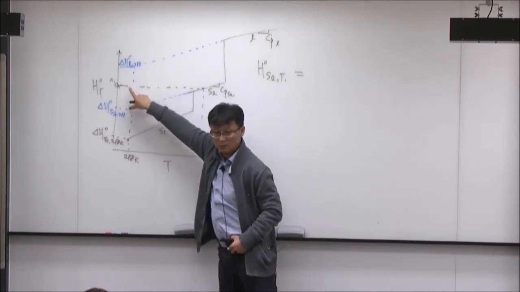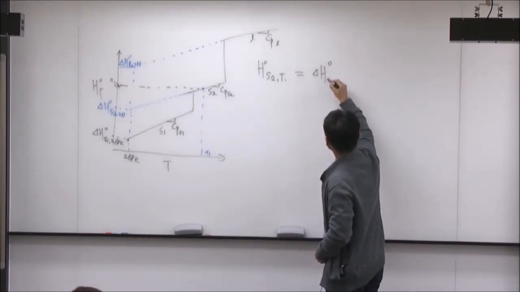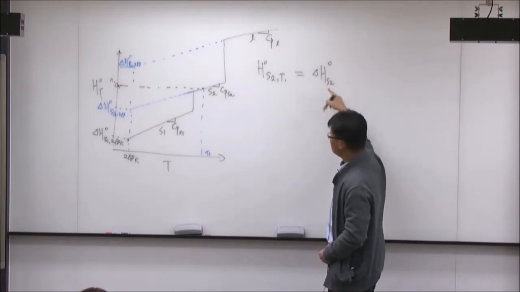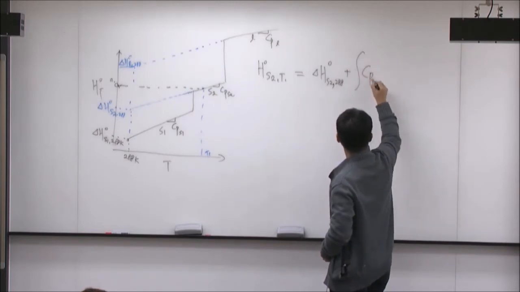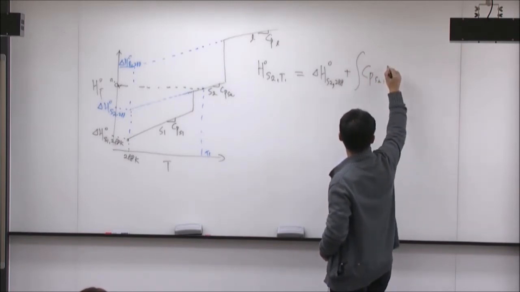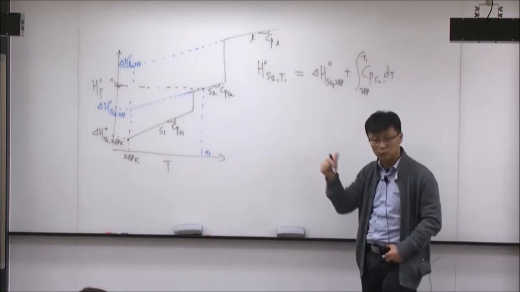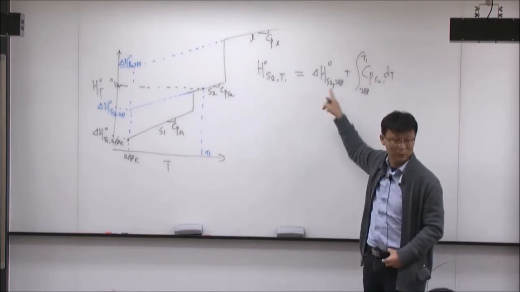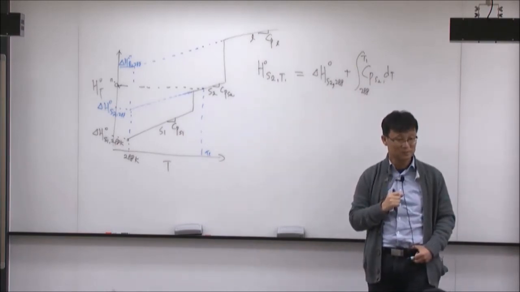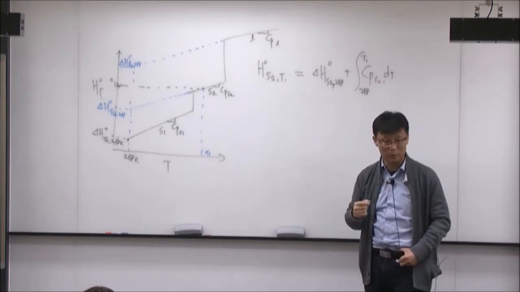That's the easiest way. So H of S2 at T1 equals delta H of S2 at 298 Kelvin plus the integral of Cp of S2 dT from 298 Kelvin to T1. But as I mentioned, in many cases we don't know this value, so we cannot use this equation. It is the simplest one, but it depends on whether this information is available or not.